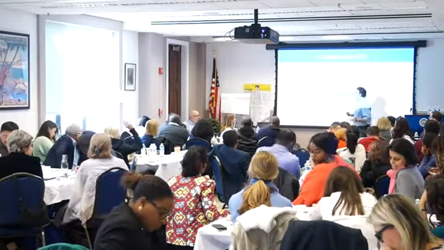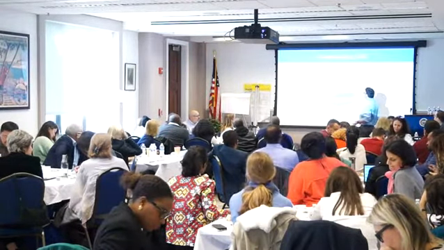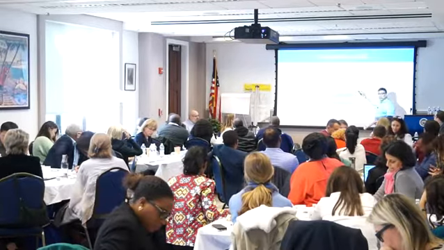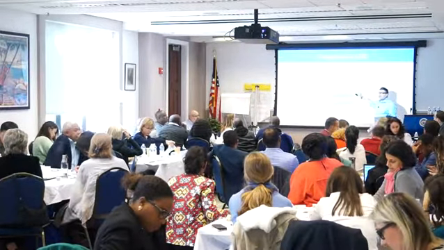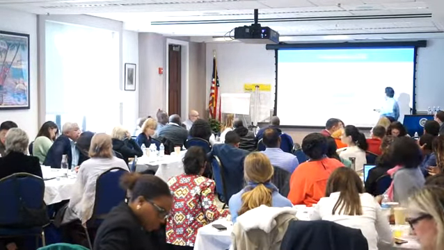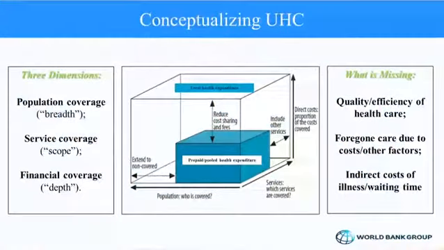And I think another important point to remember is what the UHC cube misses. I think you had a little bit of a discussion on that. I'm just flagging it because it's important for discussion on health financing. There's nothing related to the quality or efficiency of healthcare here. There's nothing about foregone care due to costs and other factors. So, if you don't seek care because you're too poor or you don't have access to services, you don't spend any resources, that's not captured in this cube.